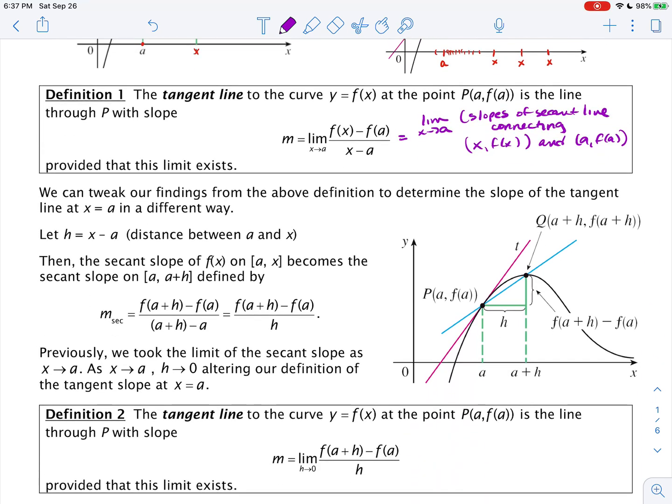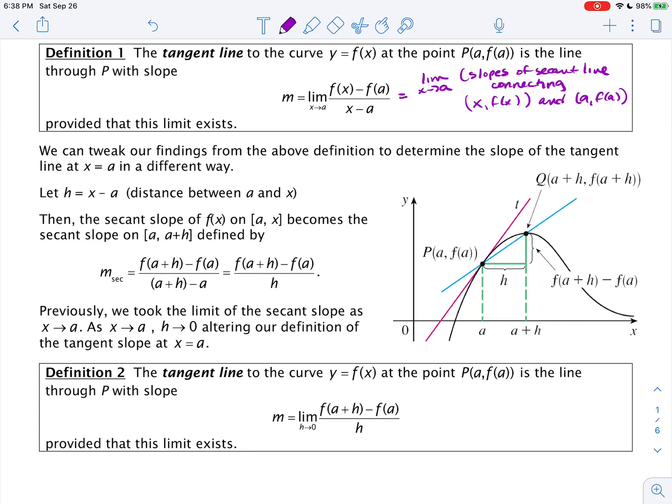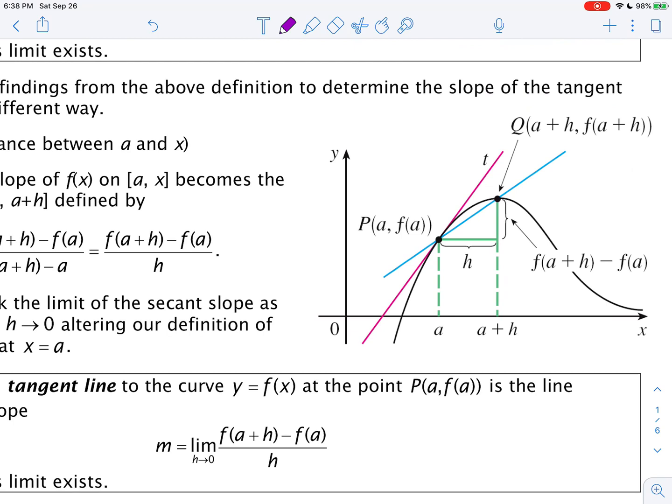In preparation to define the derivative of a function as a function itself, we go back to our difference quotient, and we can also define our tangent line to the curve in an alternate way using the limit as h goes to 0. It's the same exact idea.